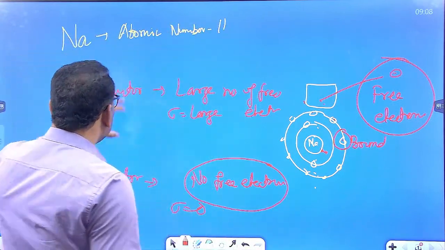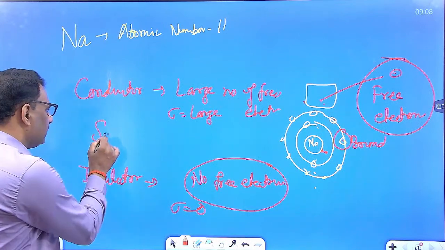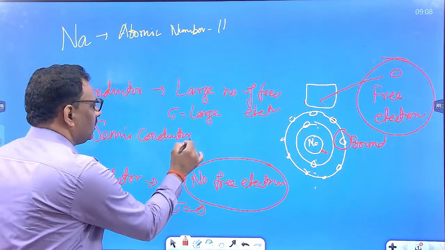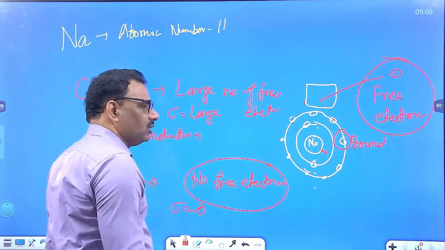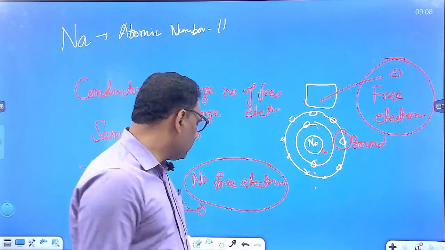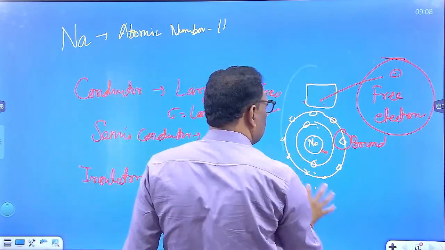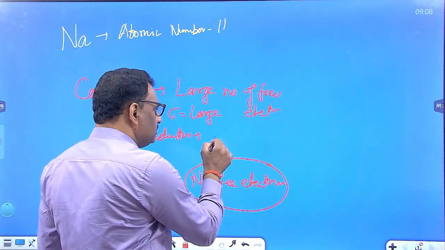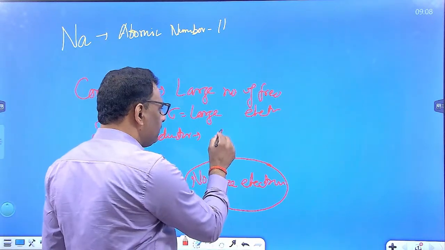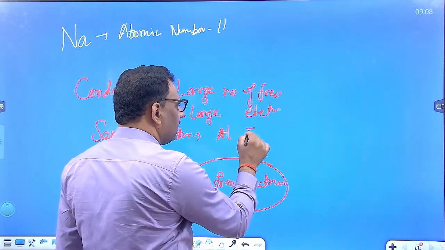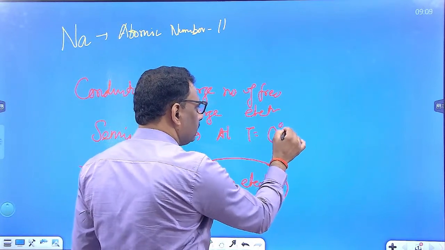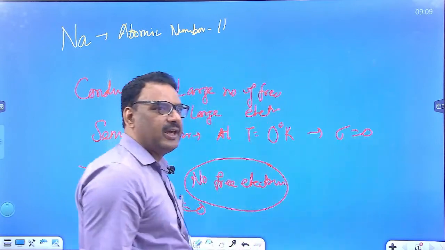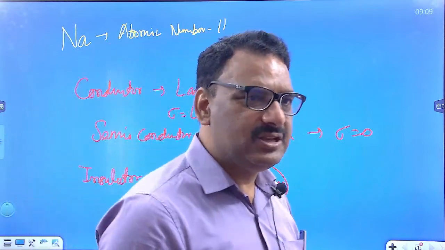Now what happens for a semiconductor? In the semiconductor, at absolute temperature, at T equals 0 degree Kelvin, the conductivity is 0. There is no free electron. It will behave as an insulator.